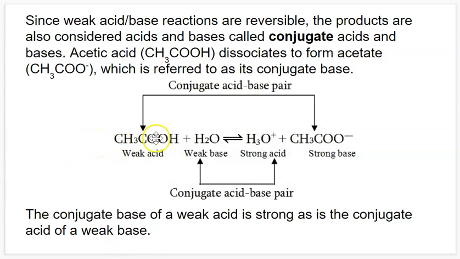So conjugate acid base pairs are basically the acid that becomes a base, that becomes a pair, and then the base that becomes an acid is also a pair. And the strength of one is going to correlate to the strength of the other in an inverse relationship. So something that starts as a weak acid is going to become a strong base because this didn't really want to give up its hydrogen. So it's likely that it's going to want to gain that hydrogen back.